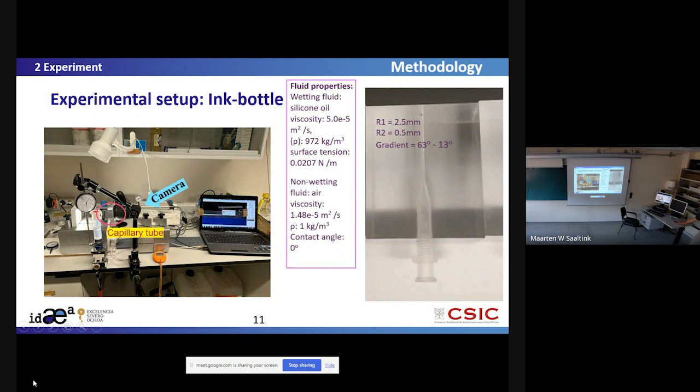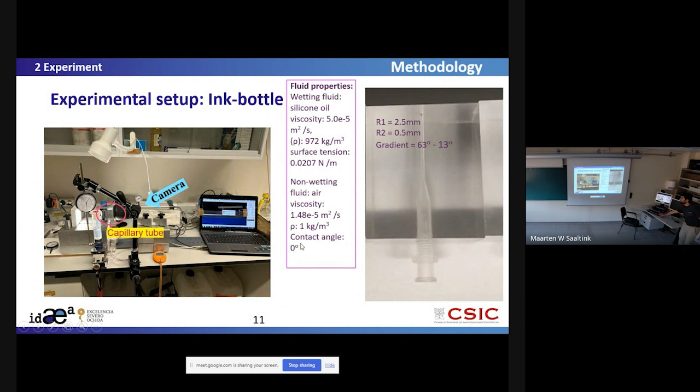This is the laboratory setup. Here, this doesn't look very good, but this is where our capillary tube is. The camera is here. We use the same fluid that we've been using up to now, but the only difference in the experimental setup is that the contact angle is 0 degrees.